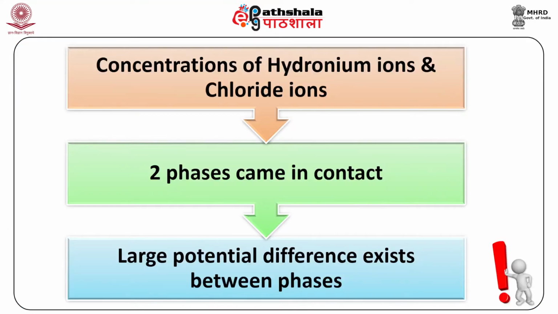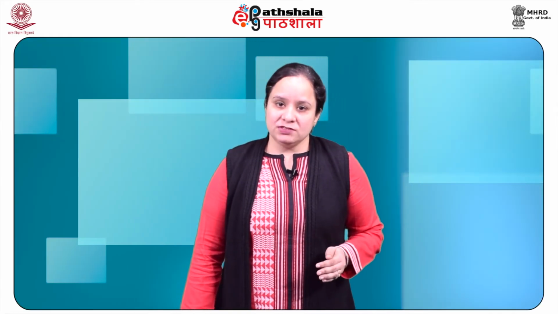The concentrations of the hydronium ions and the chloride ions are almost the same as they were before the two phases came in contact, but a large potential difference now exists between the phases. This potential difference is called the Donnan potential.